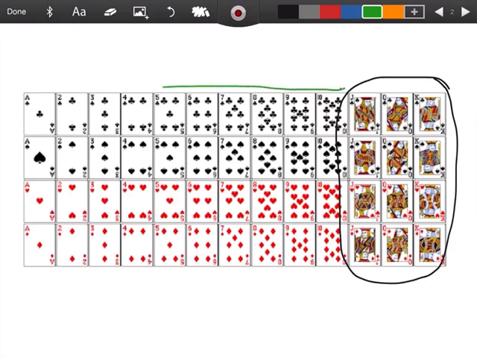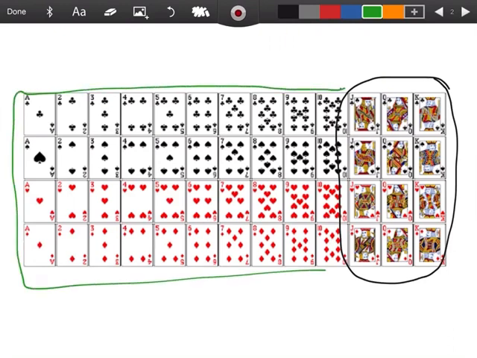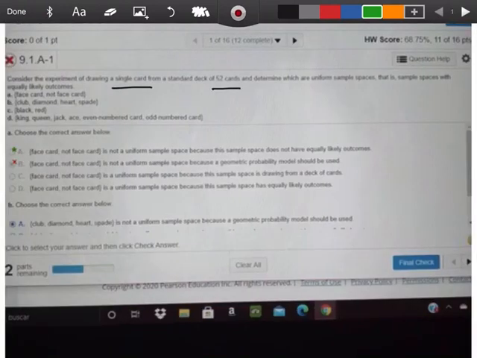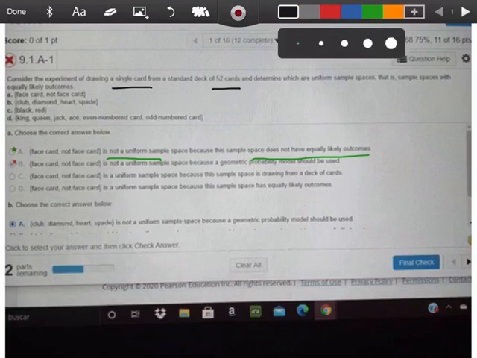And these over here are not my face cards. So you can see that those sample spaces are very different, right? And so that's why our answer for part A is it's not uniform because we do not have equally likely outcomes, right? Okay, so then let's go ahead and go to part B, right?